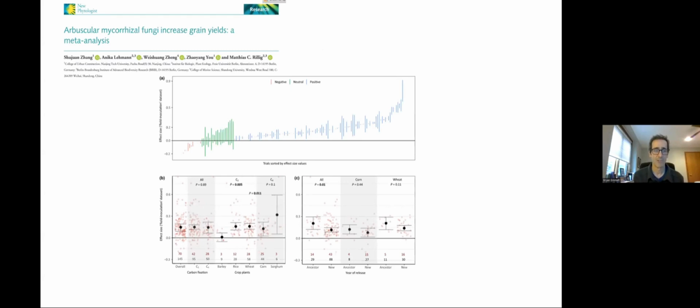And these are in grain crops, so these are systems that we're used to thinking about here in Iowa: corn, soybean, wheat, barley. Actually, I should say barley is one of the few crops that didn't show a positive response. We're not quite sure why that is, but this suggests that there's still benefit to be had in our agricultural systems for an inoculation treatment.